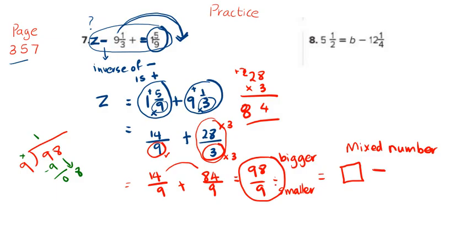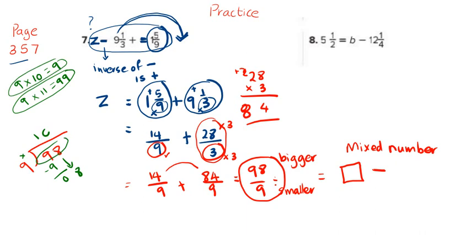So I know 9 times what is 98. I know 9 times 10 is 90, right? But I know 9 times 11 is 99, which is too big. So we only have 98. So I can only go with the 10.